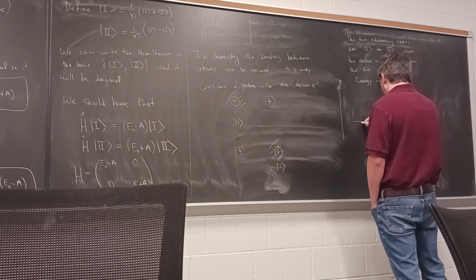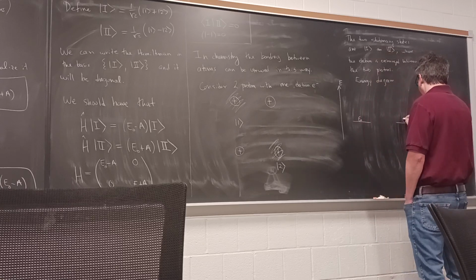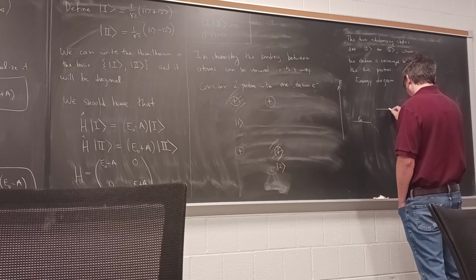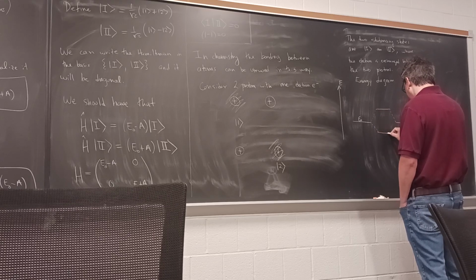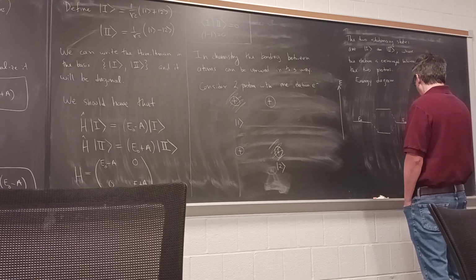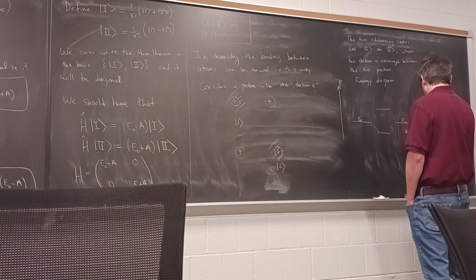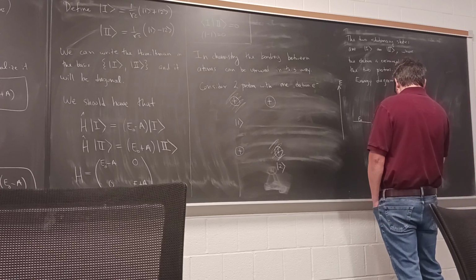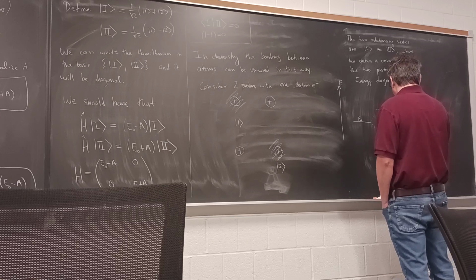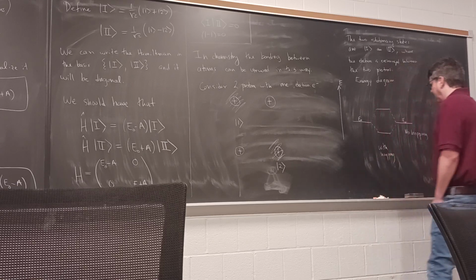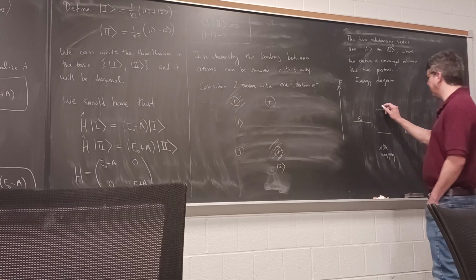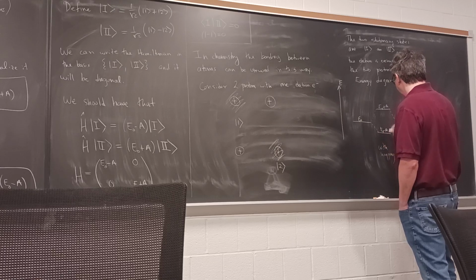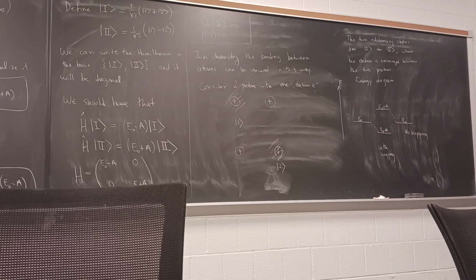You have proton 1, this is the unperturbed energy E0, and then when you turn on the hopping, I'm drawing an energy diagram that you see in chemistry.